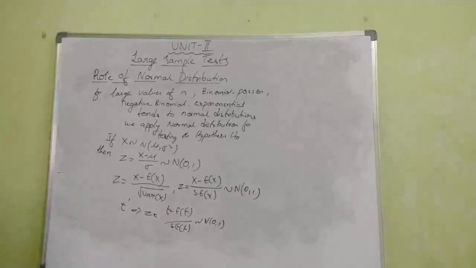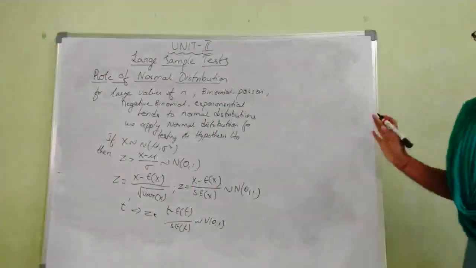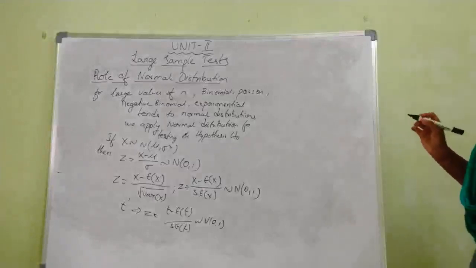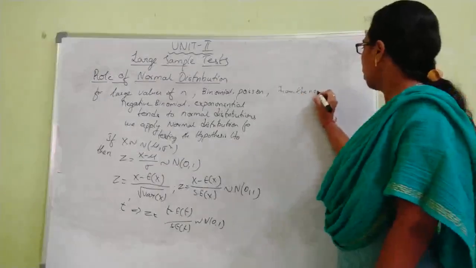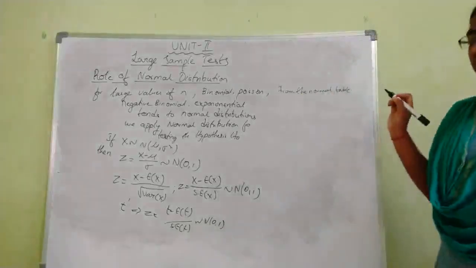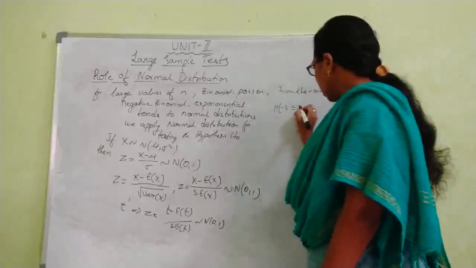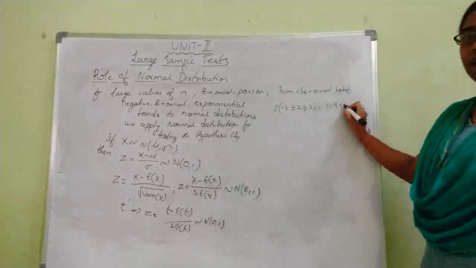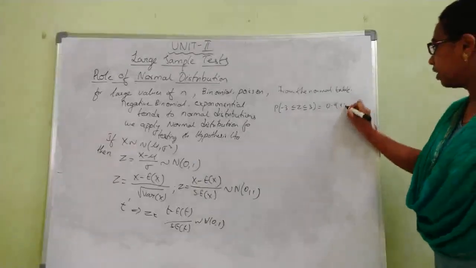So from areas properties we have some probabilities, right? 1 sigma values, 2 sigma values, 3 sigma values. So from the normal table, what is the 3 sigma limits value? That is probability of -3 less than or equals to Z less than or equals to 3 is equal to 0.9973.